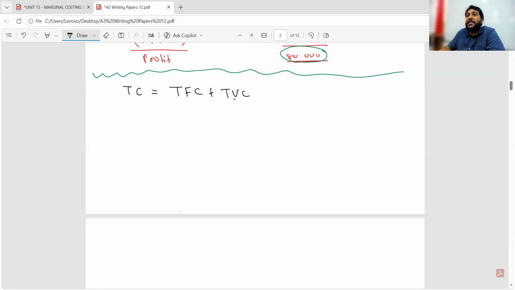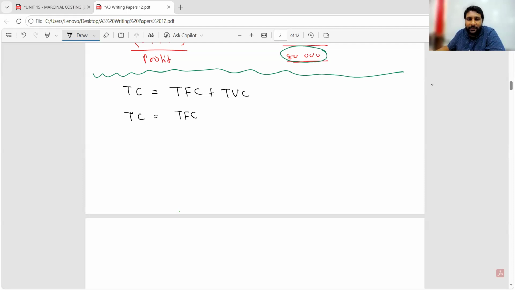I'll elaborate this total variable cost further. Total cost equals total fixed cost plus total variable cost.